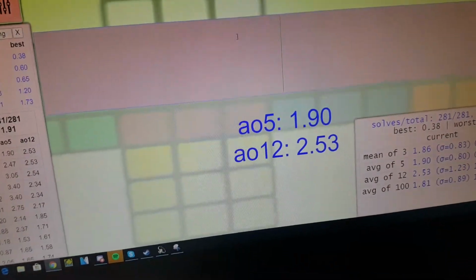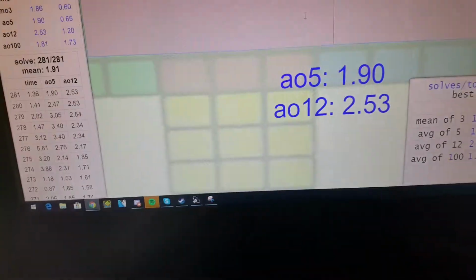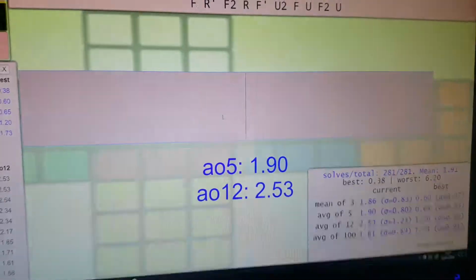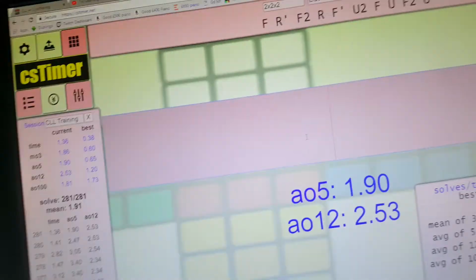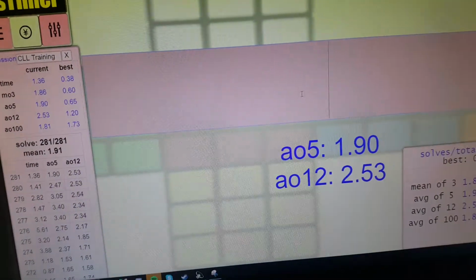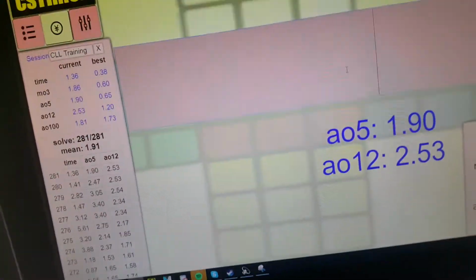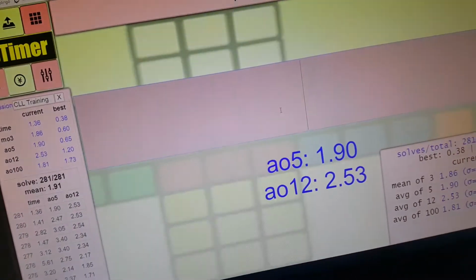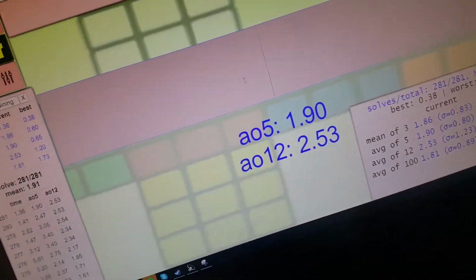And my last thing, I have this session, CS timer, and I do enter times, so I do them like with a stackmat. But I don't put the cube down. I do the sort of wrists on it thing. I just want the accuracy of this. But if I'm doing an actual solve, I put my wrists on it. And this will generate a CLL case for you.